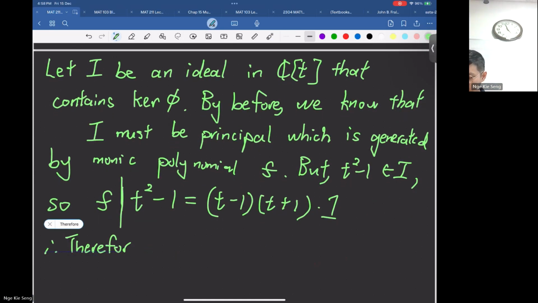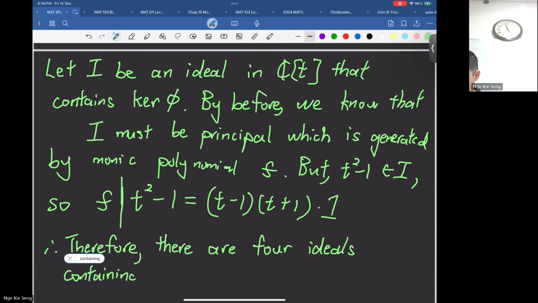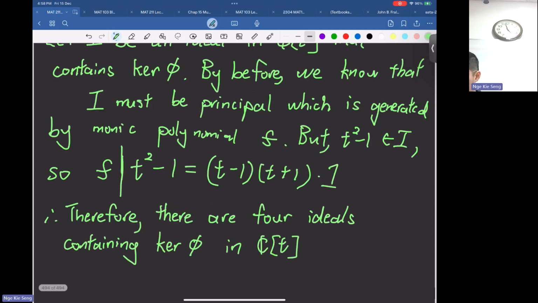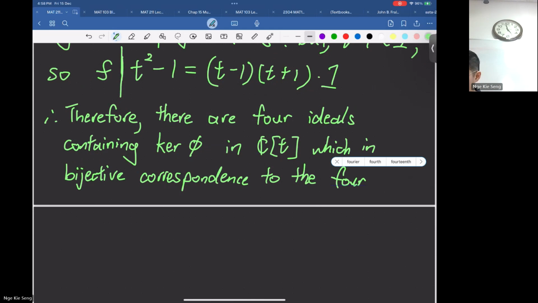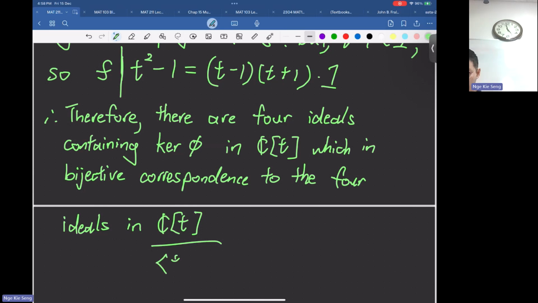Therefore, there are 4 ideals containing the kernel T in C[T], which are in bijective correspondence to the 4 ideals in the quotient ring. Okay, how are we quotienting it? By T squared minus 1.